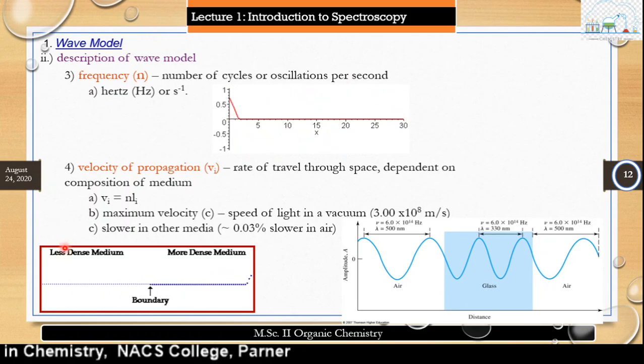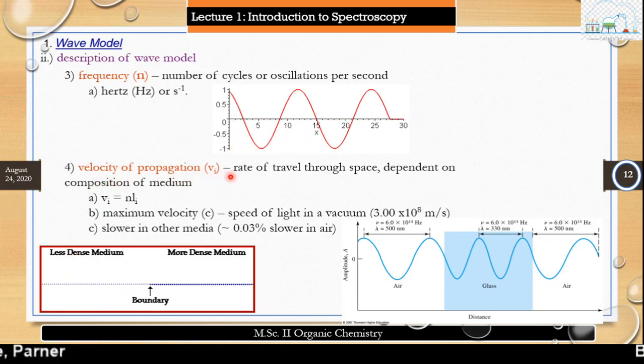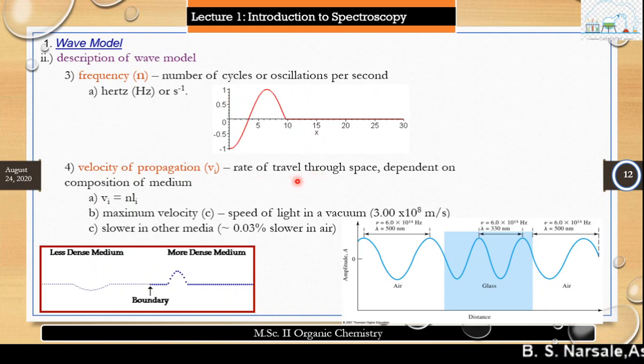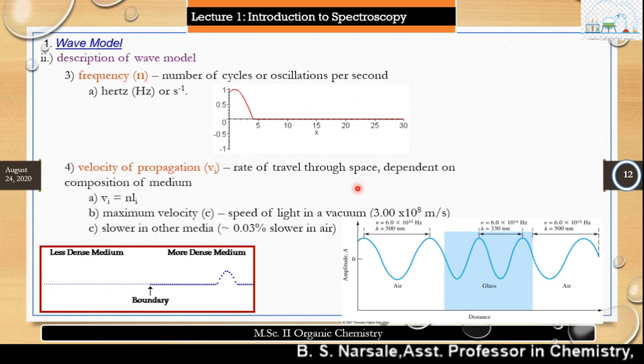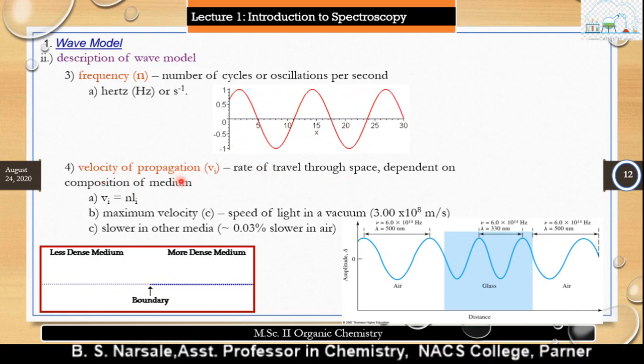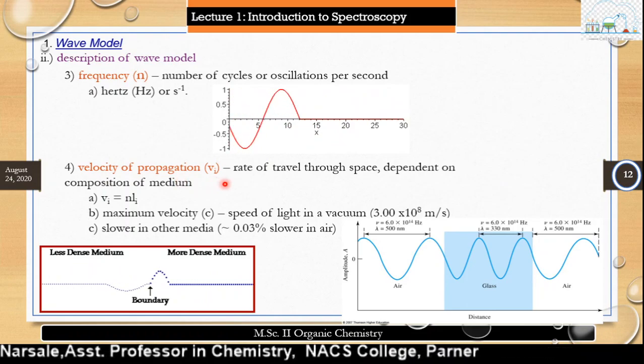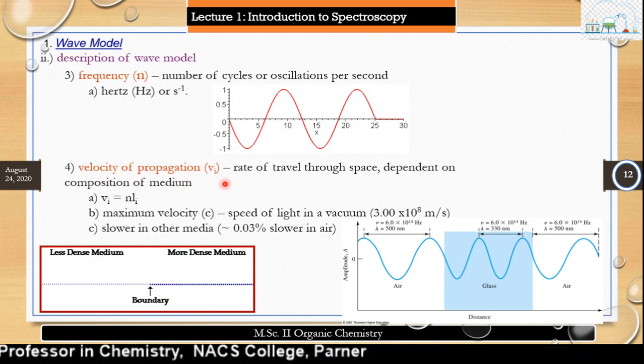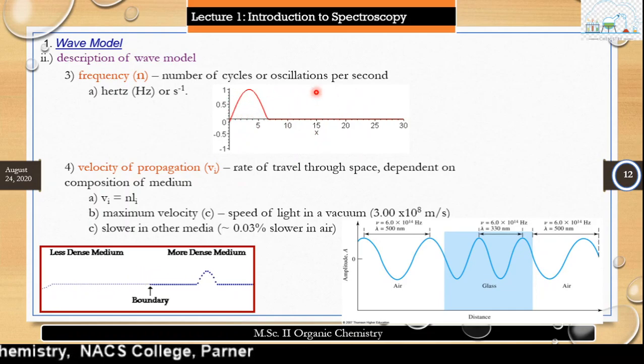The second thing is about the velocity of propagation. That is the rate at which it is going to travel through space, which is dependent upon the medium in which it travels, and it has fewer or more oscillations.